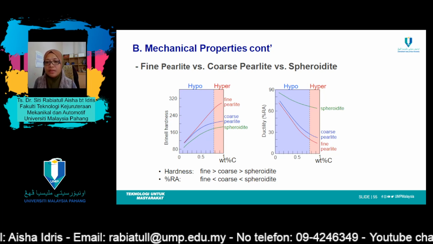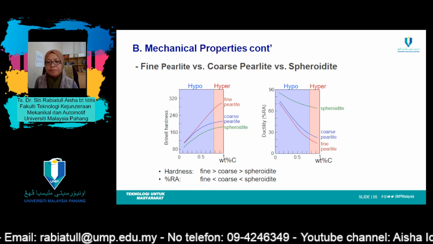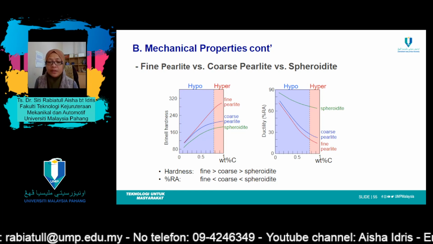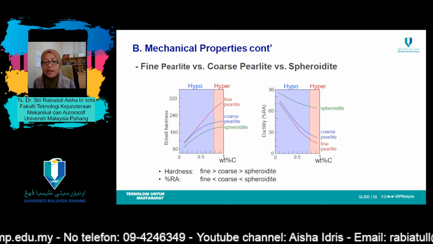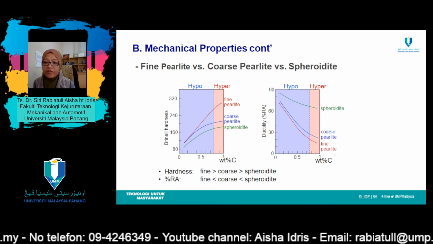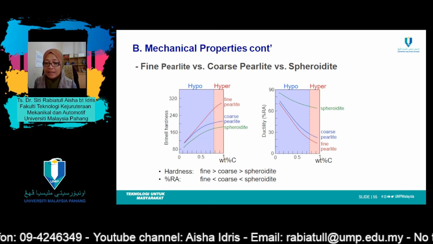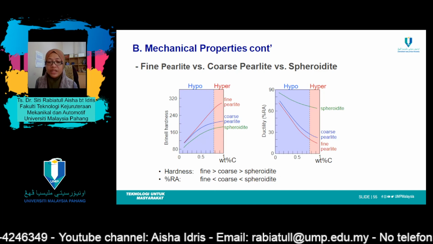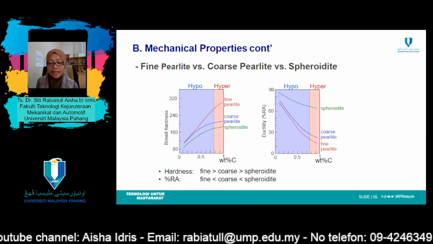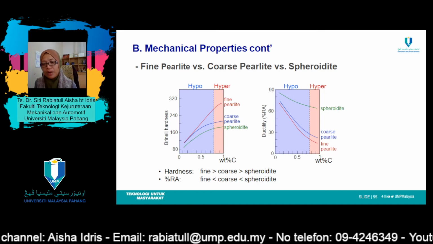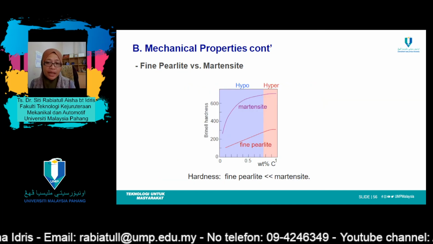So in this microstructure, the highest hardness goes to fine pearlite, moving to coarse pearlite, and finally spheroidite. And the higher the hardness, the ductility will decrease. So in this case, fine pearlite will have the lowest ductility compared to coarse pearlite and spheroidite. How about pearlite and martensite?